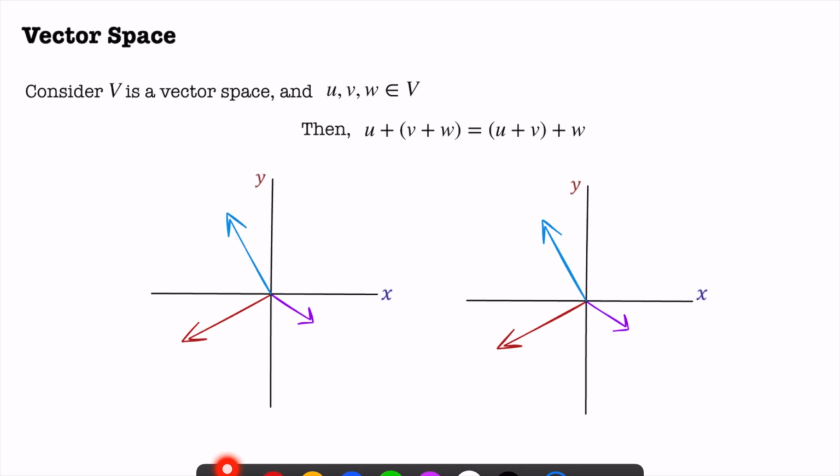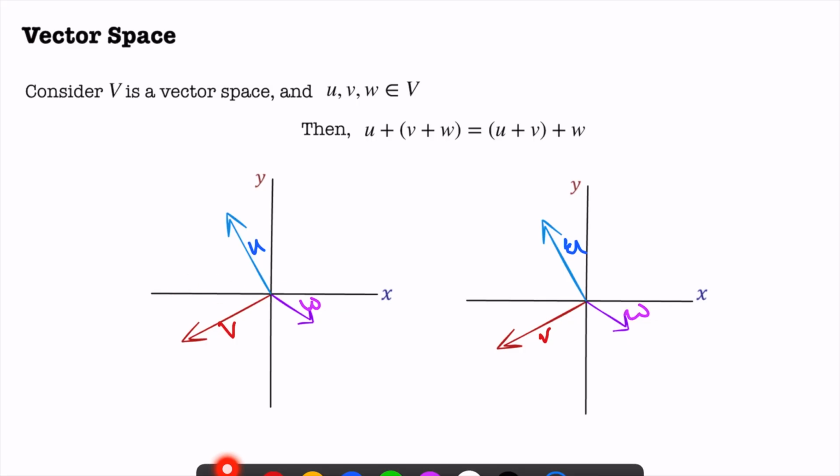Now next, consider capital V is a vector space and u, v, w are three vectors in this space. Then (u plus v) plus w equals u plus (v plus w). So on the left hand side we perform this and on the right hand side we will perform this. Consider this is u, this is v and this is w, and this is w, this is u and this is v.